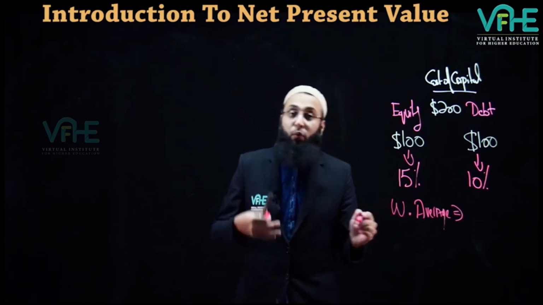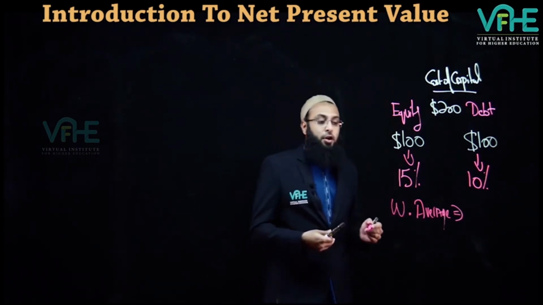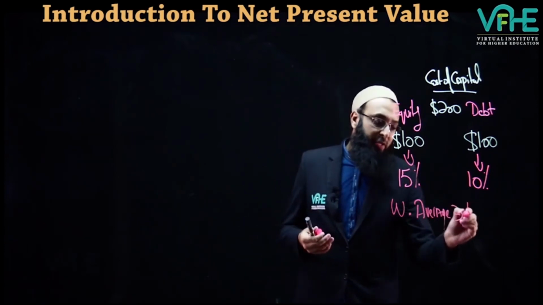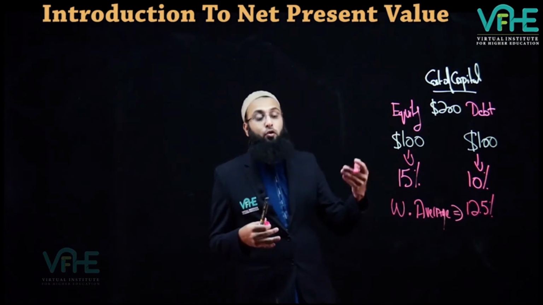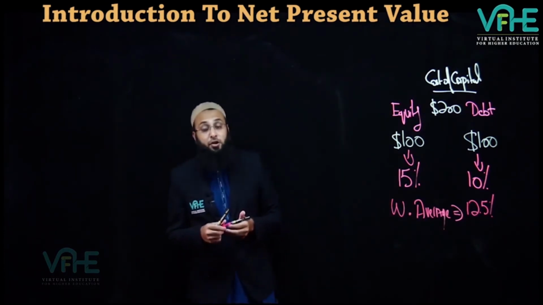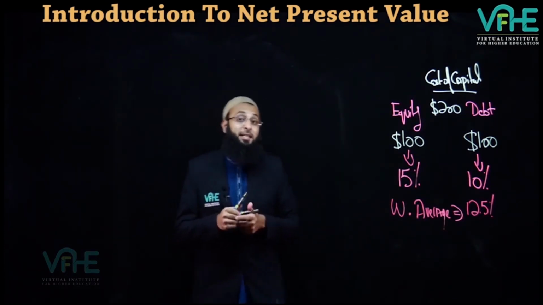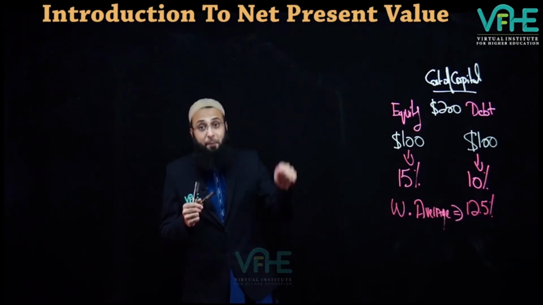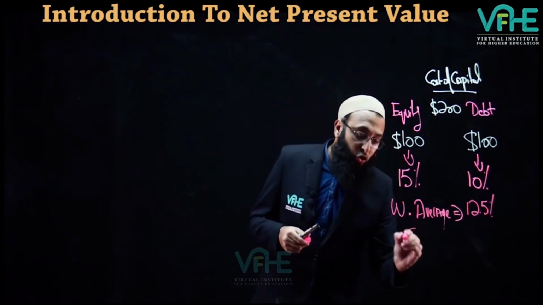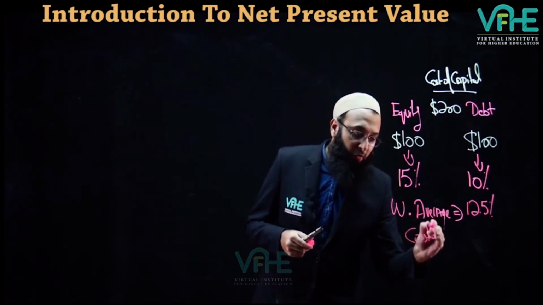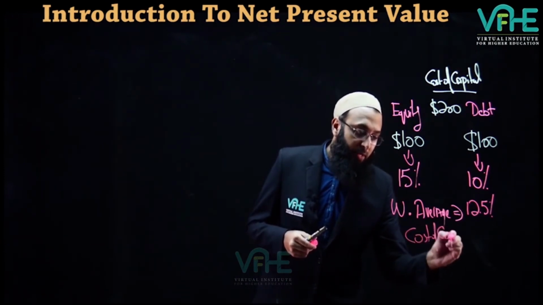So we need to work out the weighted average, and for example, the weighted average here is 12.5%. We are not going into the calculations of how the weighted average is worked out. That we will discuss in our next section on weighted average cost of capital. So this is 12.5 and this is known as the weighted average cost of capital.